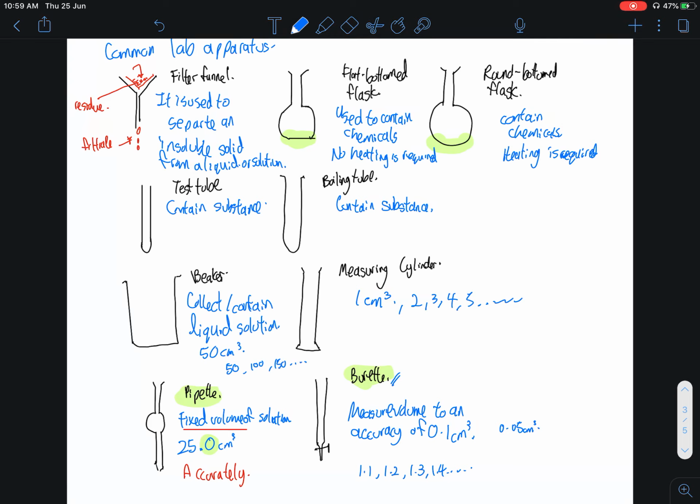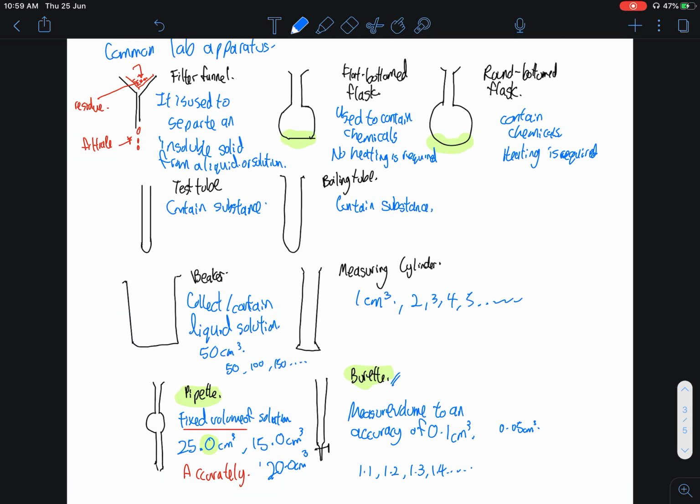So in the exam, in a structured question, they can ask, how do you measure 25.0 cm cube of water? The first thing is the number 25.0, which means you use a pipette. The other one is 15 cm cube, and I believe there is also 20. Then if I want to measure 100 ml of water, I'll use a beaker.